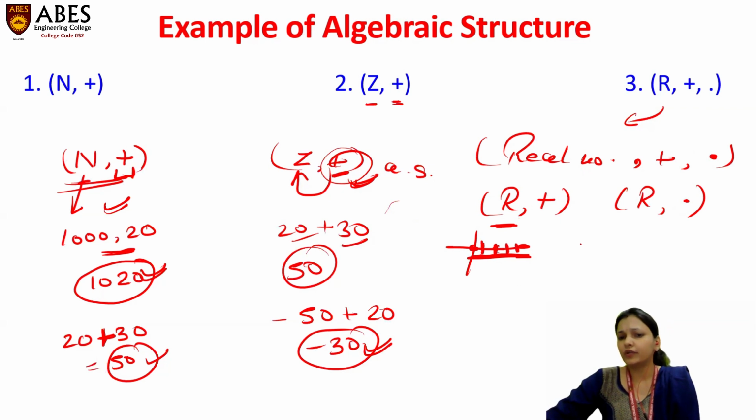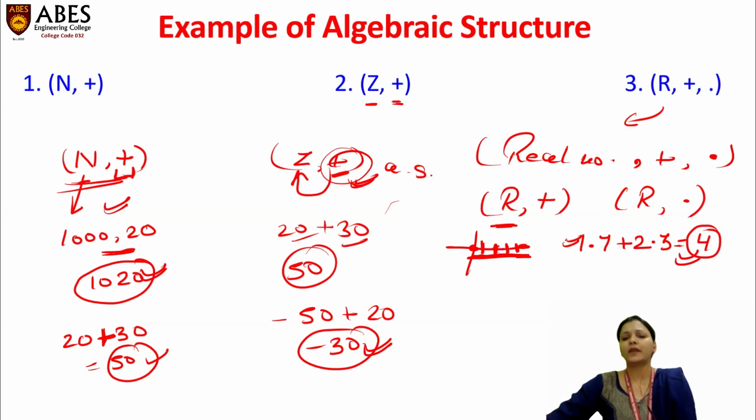So if we consider two real numbers, for example 1.7 and 2.3, we will get the answer 4, which is also a real number. So if we add any two real numbers, we will always get a real number. So this is an algebraic structure.